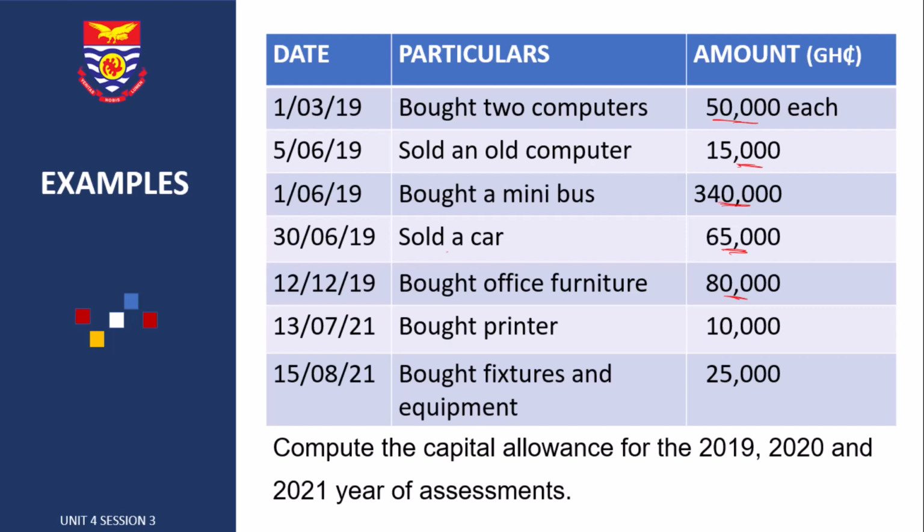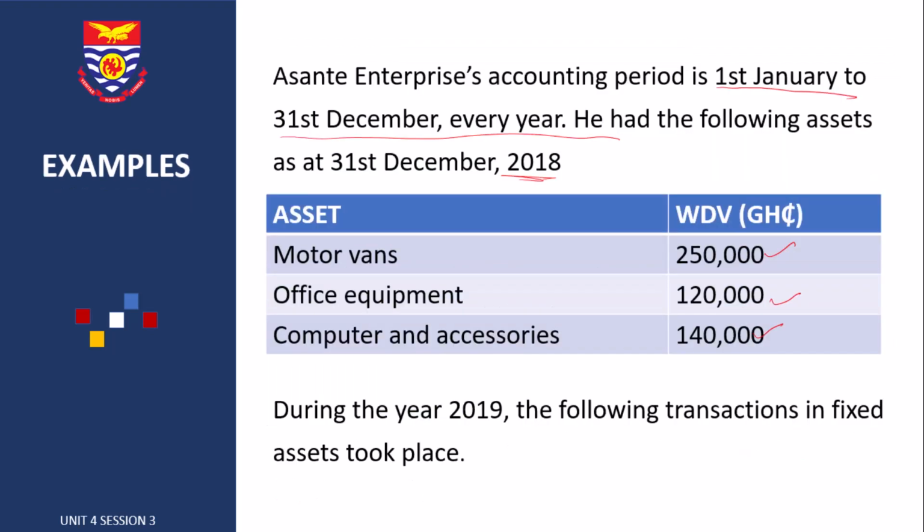Then in 2021 we bought printer for 10,000, then we bought fixtures and equipment 25,000. Compute the capital allowances for 2019, 2020, and 2021 year of assessment. Okay, so what is the class for motor van?